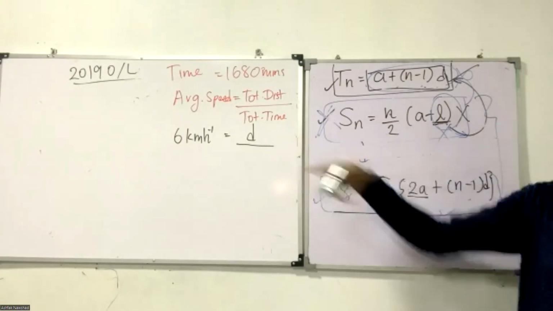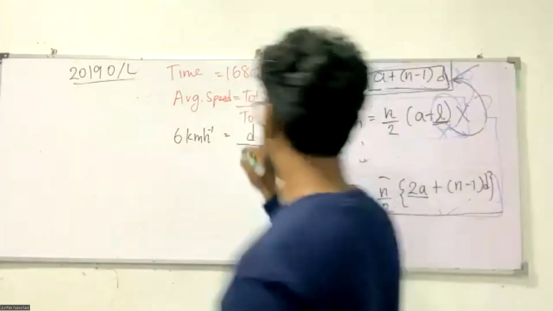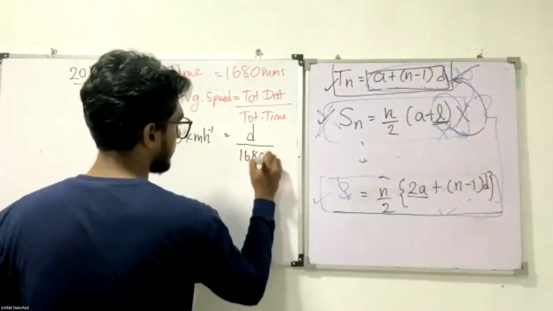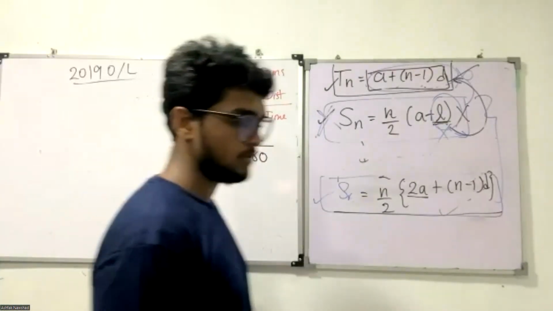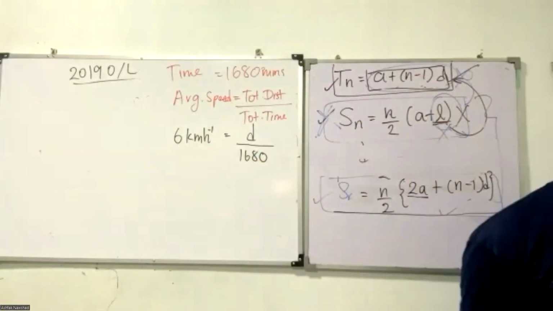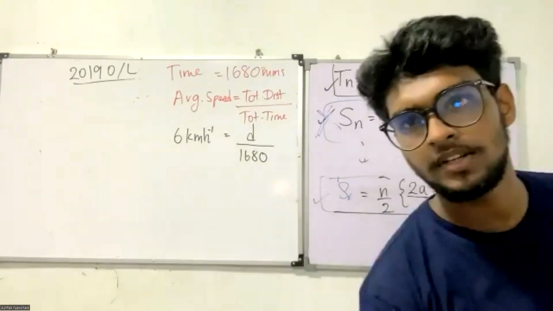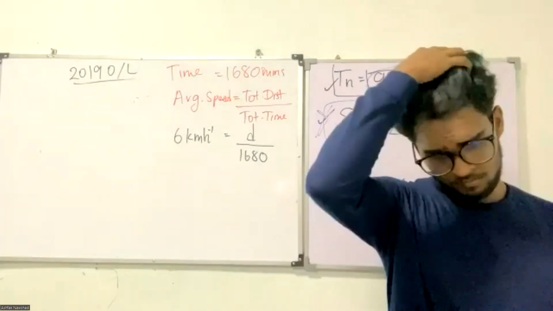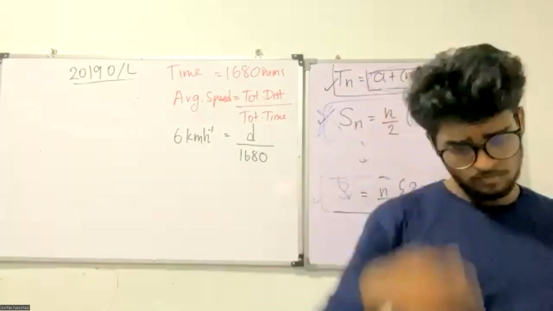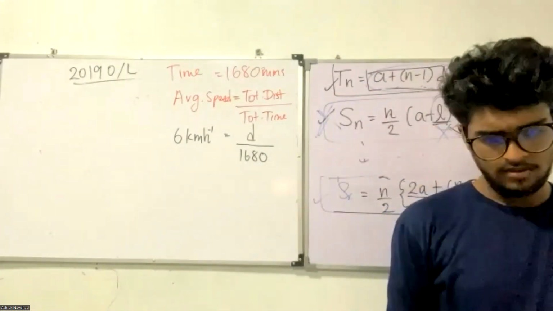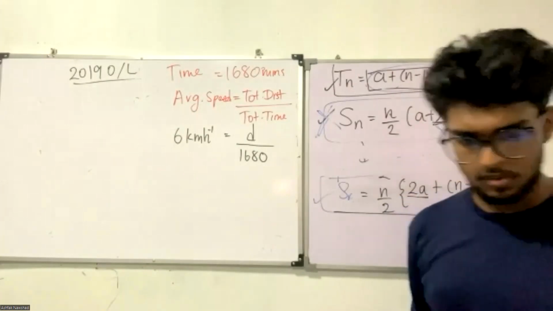Divided by total time. The time is 1680, but that's in minutes. So we have to convert it to hours.